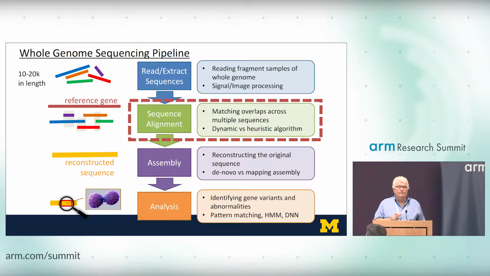They're split up into base pair sequences. You can think of it as a sequence of 4 different letters, A, G, C, and T. You're trying to match a snippet against the reference gene, with the possibility that there are some letters missing and some letters added in the sequence. So you can't get a perfect match. What you're trying to do is get the best match. And then you can assemble these pieces.